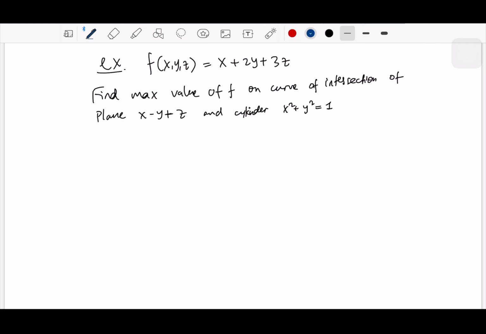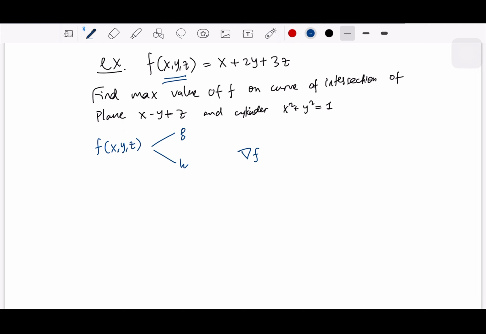For now, how it looks doesn't really matter, but maybe later I will show you. I think we can still draw this part a little bit. So maximize f with constraints g and h.